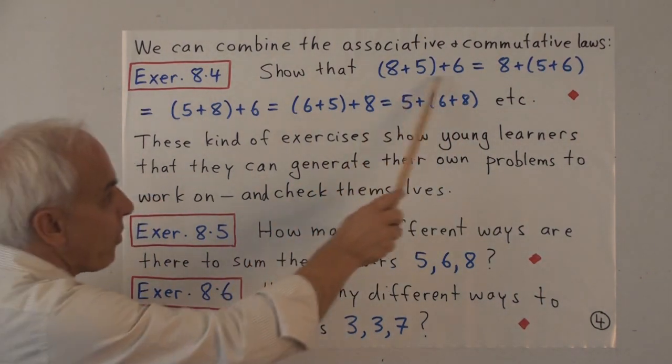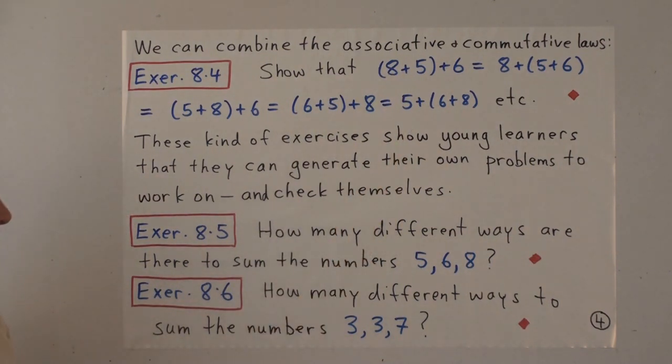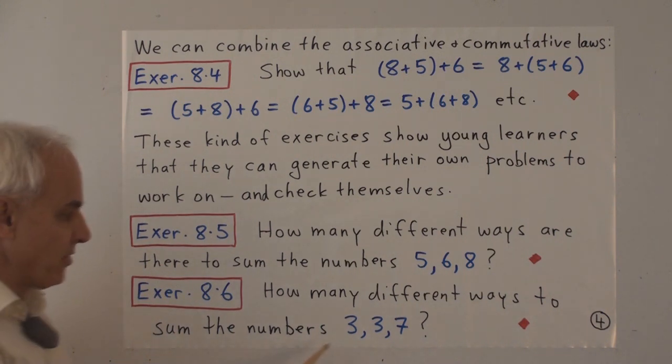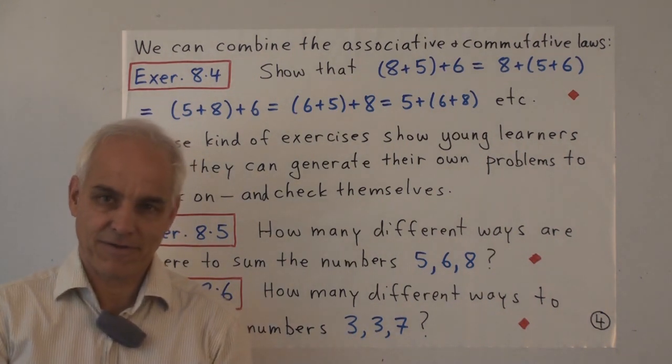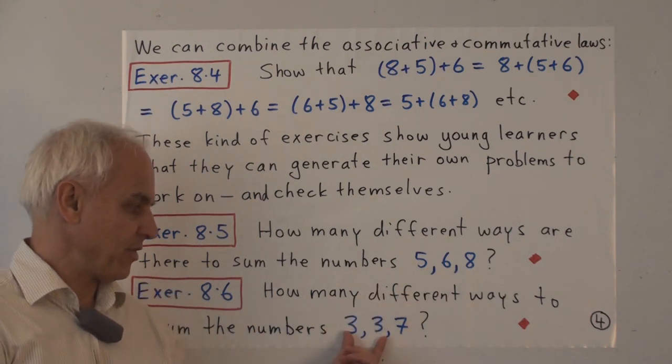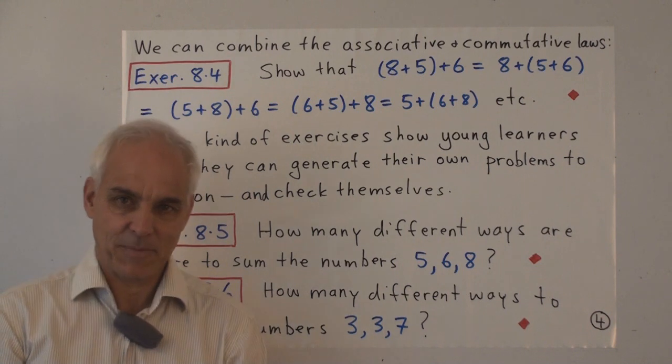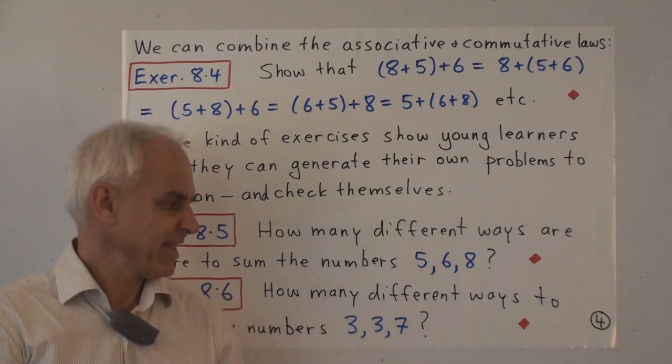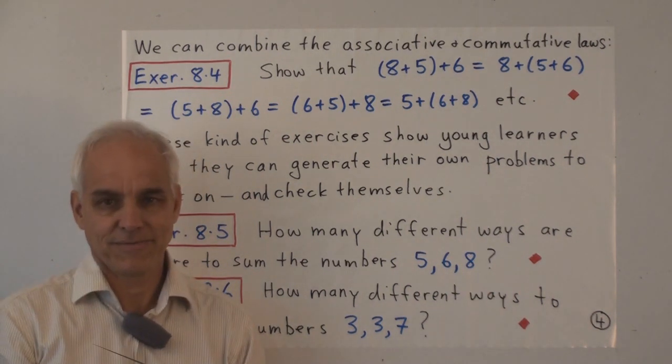Can you think of some more ways of adding them together? And a variant on this, how many different ways are there to sum the numbers 3, 3, and 7? It's a little bit different than this case because here two of the numbers are the same. These are a little bit more challenging questions.